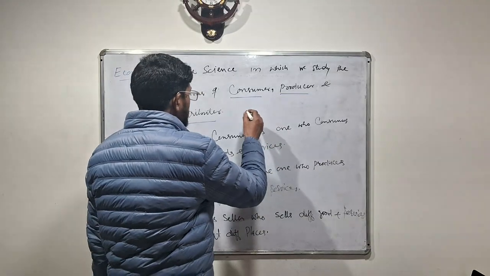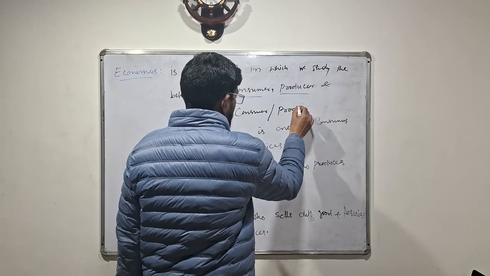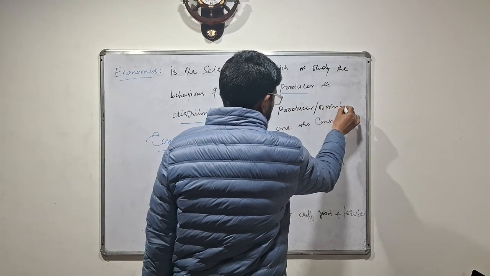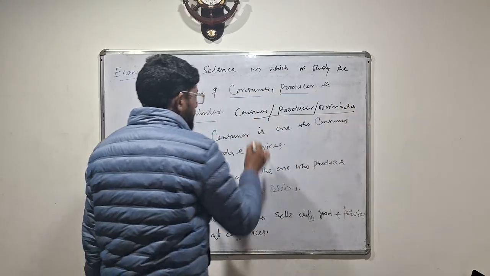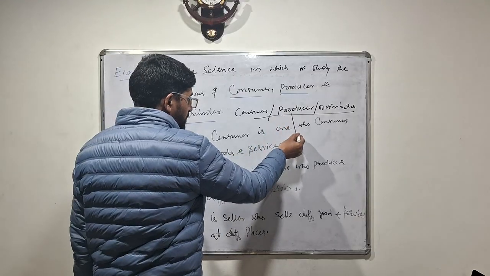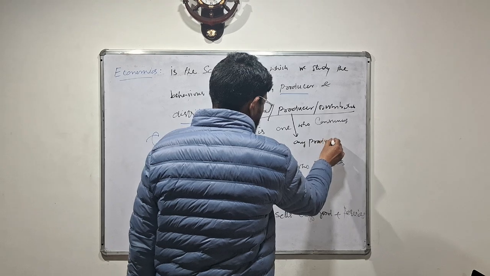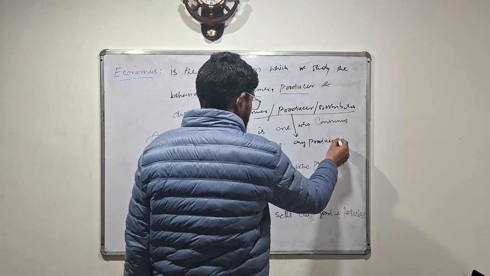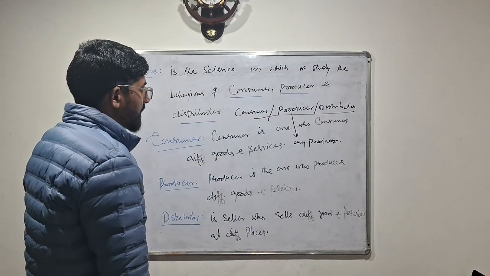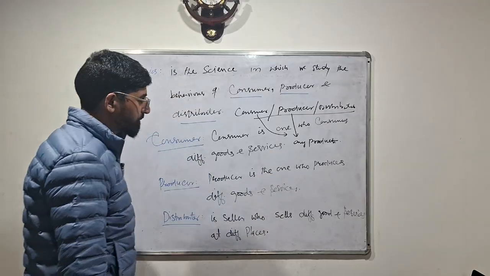As I will show you, consumer, producer, distributor. It is the task of producer to produce any product, and consumer is ready to buy, ready to purchase it.